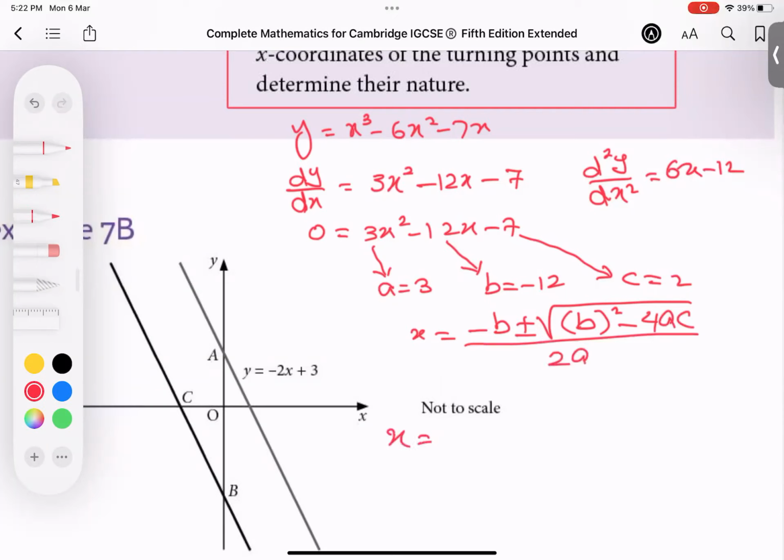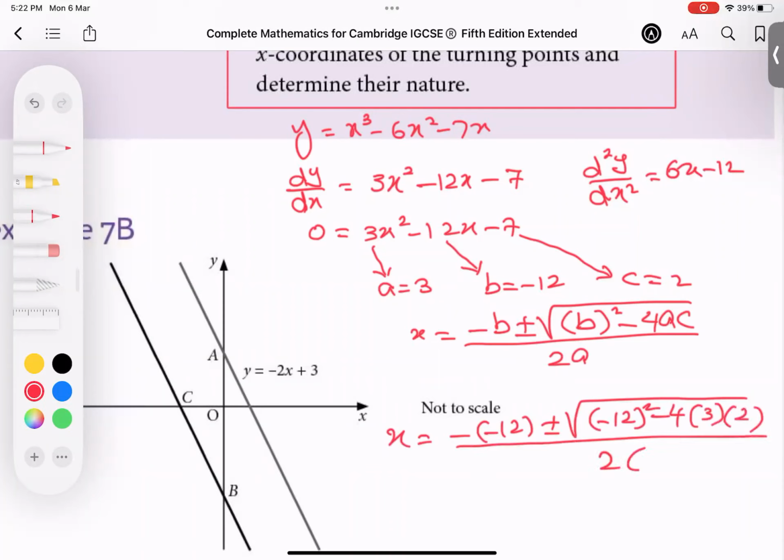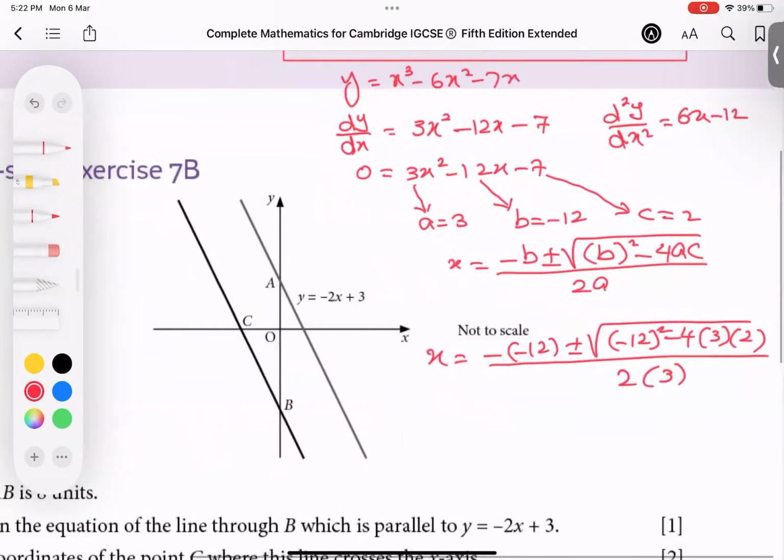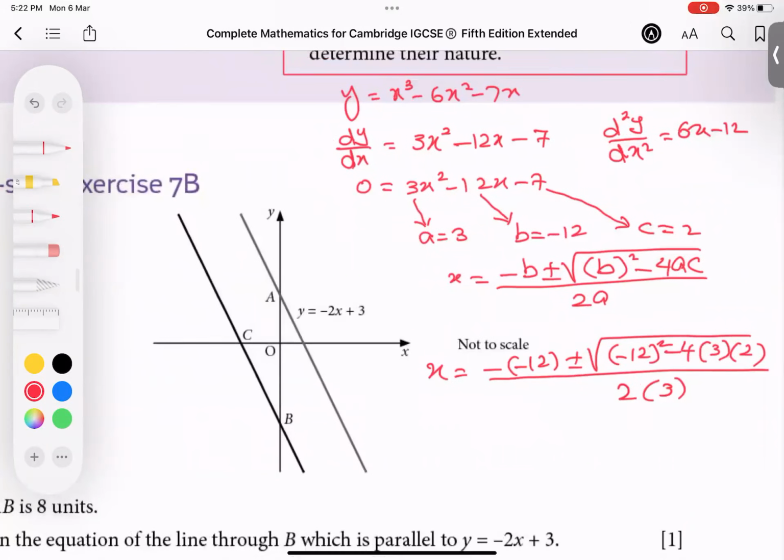I'm going to plug in the values: negative 12 to power 2, 4 times A which is 3, C which is 2, by 2A, and A is 3. Okay, now let's see how we can complete it.